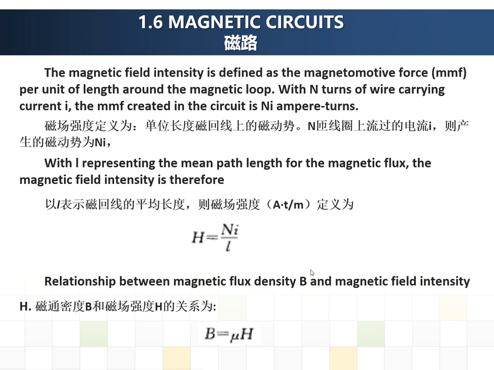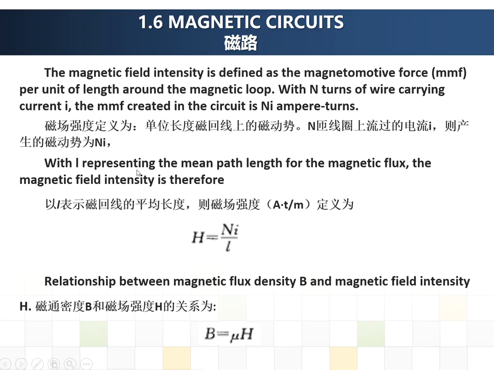The magnetic field intensity is defined as the magnetomotive force per unit of length around the magnetic loop. With N turns of wire carrying current I, the magnetomotive force created in the circuit is N multiplied by I. The units of the magnetomotive force are ampere turns.